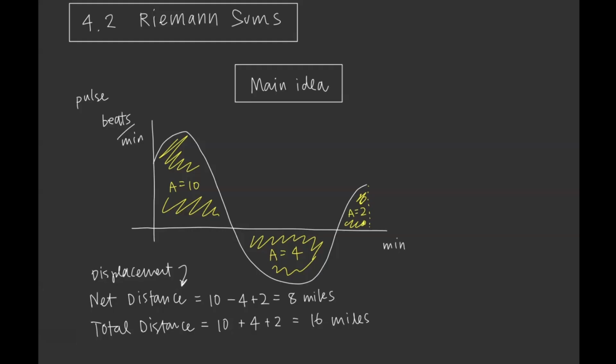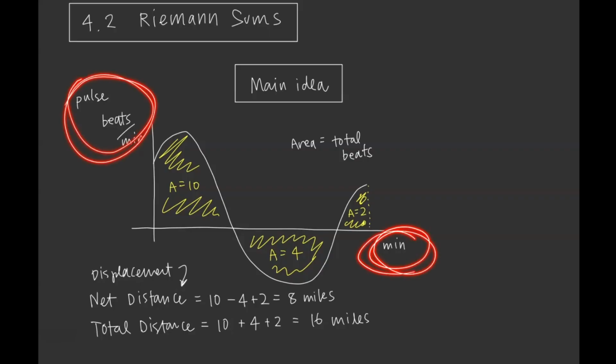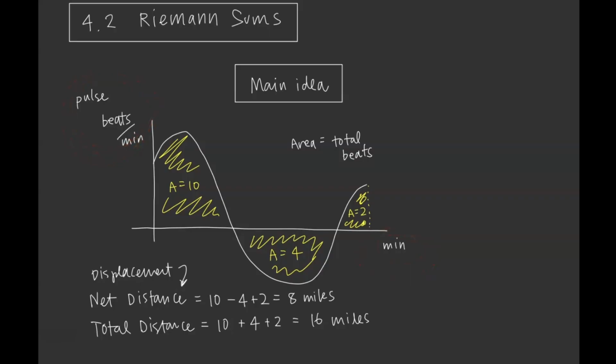Then the area under the curve wouldn't be counting distance, but here the area would be counting total heartbeats.